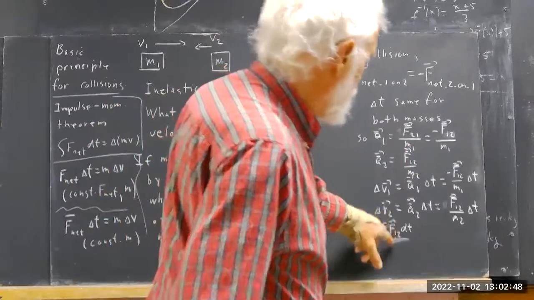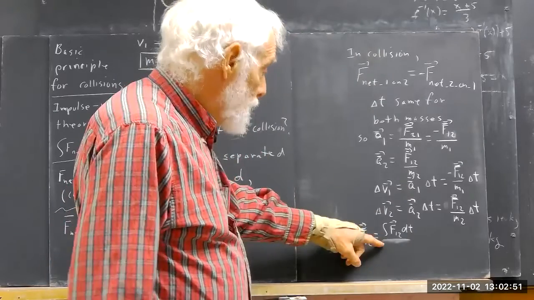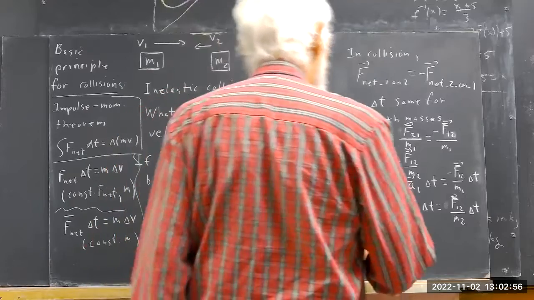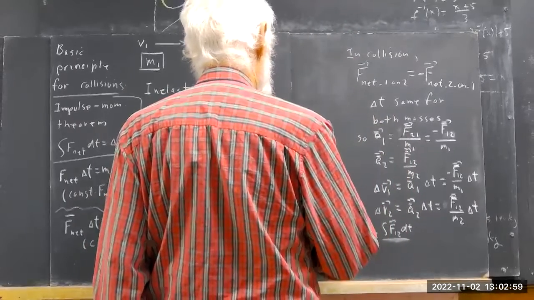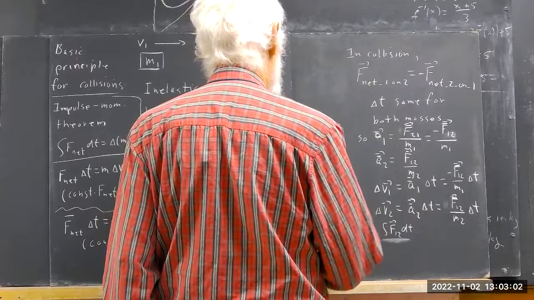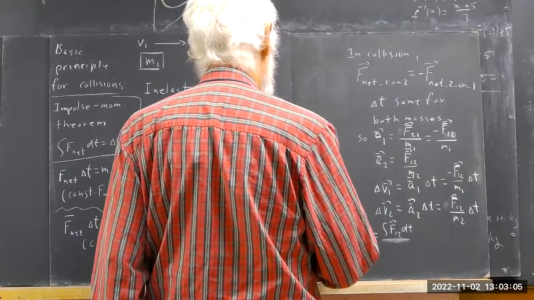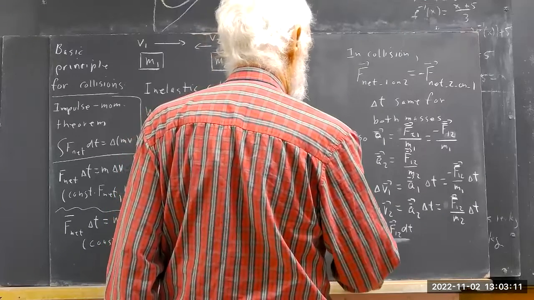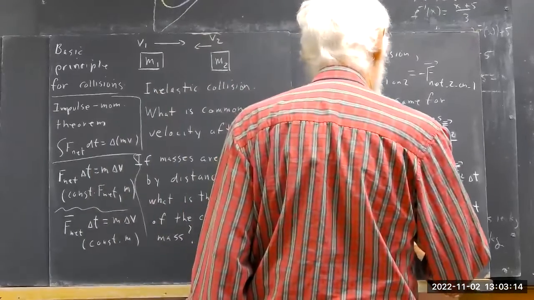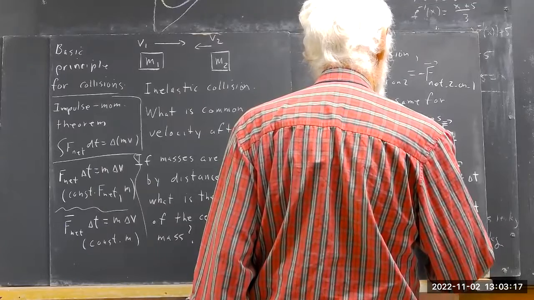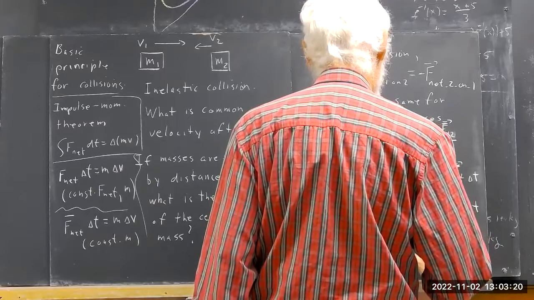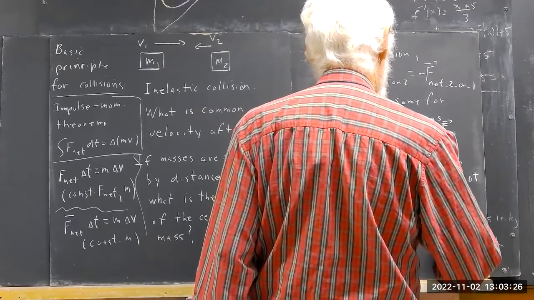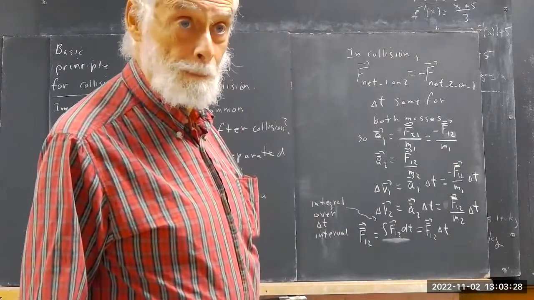It's the integral of F12 dt. And what's the length of the interval? It's delta T, right? This is an integral over the delta T interval. So that equals F12 bar delta T, right?